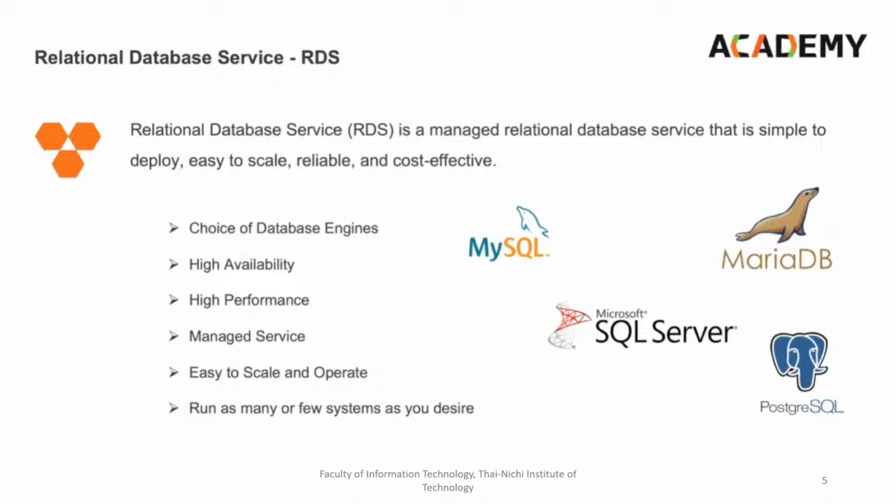It gives high availability because of the availability in multiple zones and multiple regions across the world. And then we have high performance with respect to that. And when the performance is higher, management of service is easier, and it is easy to scale and operate.